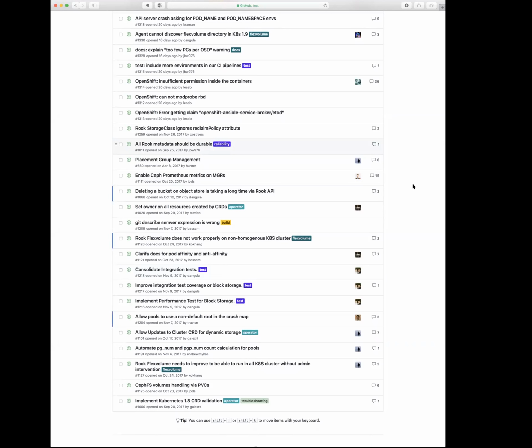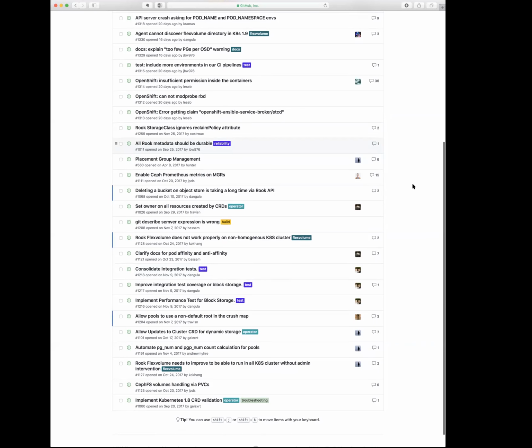Okay. So it sounds like we need to come up with a plan for CSI. That's another one of those large topics that I feel like we need to address. Right now, the story is Rook uses the flex volume, and that has some issues, and it doesn't support all the features we want.